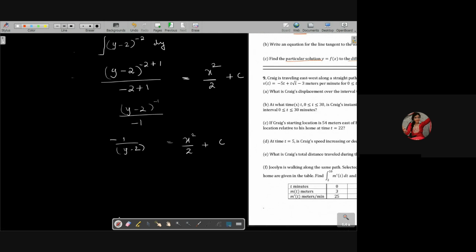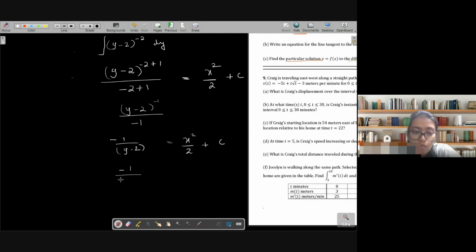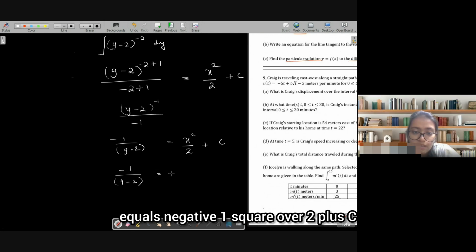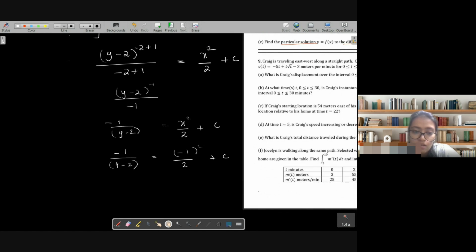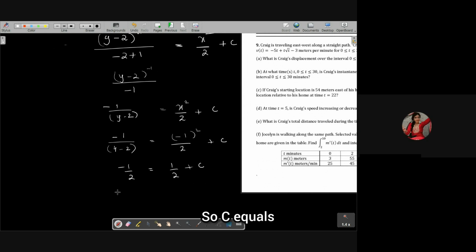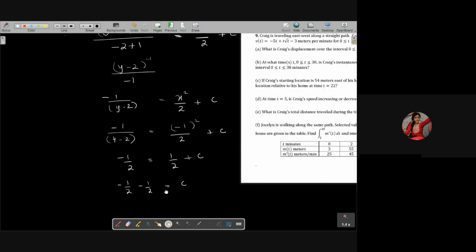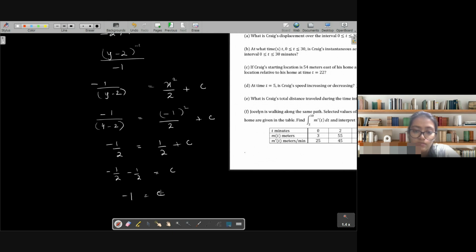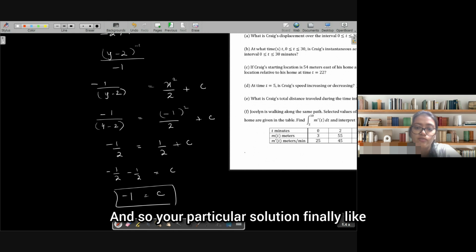Negative 1 over 4 minus 2 equals negative 1 over 2 plus c. So 4 minus 2 is 2, so negative 1 over 2 equals negative 1 over 2 plus c. So c equals minus 1. And so your particular solution, finally, you'll have to represent y in terms of x.